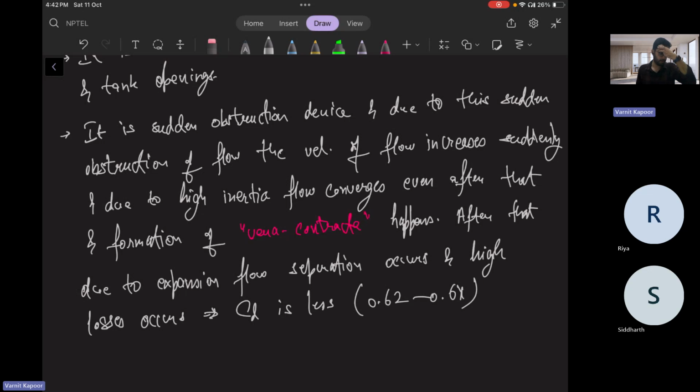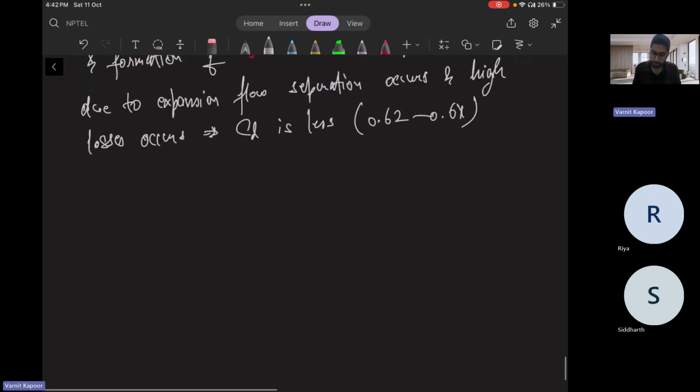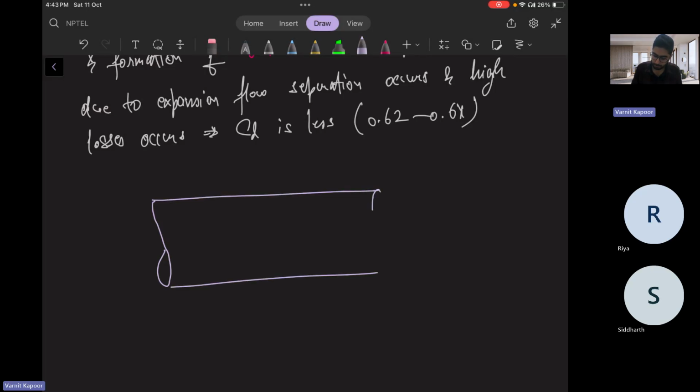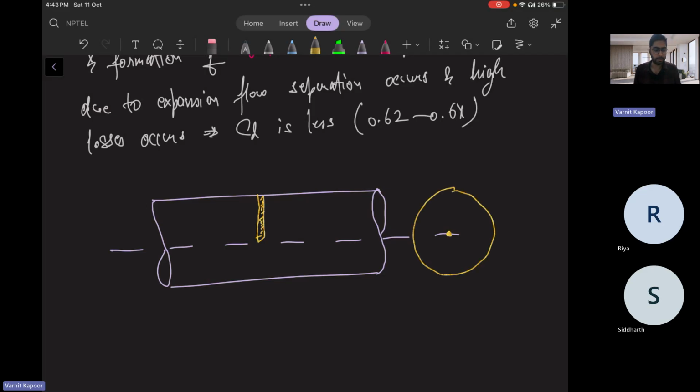Okay. So let me first make the diagram of this orifice meter. This is a tube I'm having. Okay. There will be a sharp pointed edge, circular, so it looks like a disc here, which has a very small hole like this.